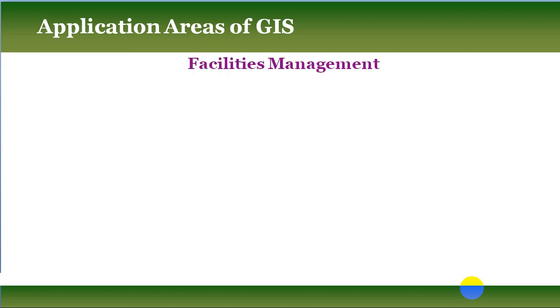For example, facilities management, where you can use GIS. Different types of facilities are there: hospital, police station, fire service. Those sort of facilities, if you want to manage as a town planner, as a municipality or corporation head, you can use GIS.